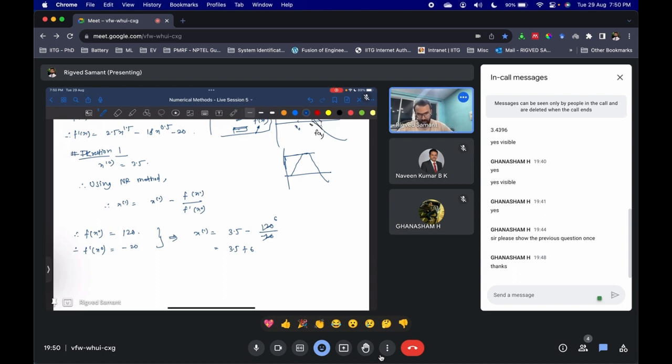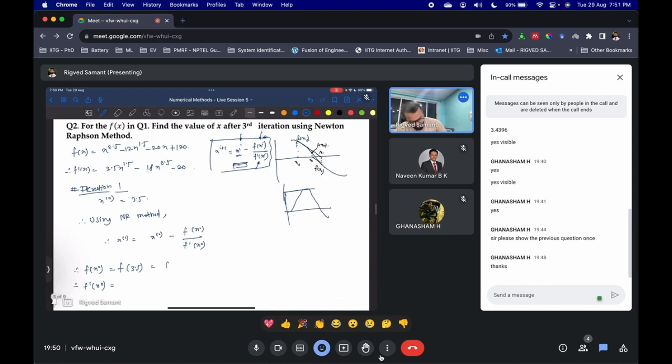Oh, I have considered it as 0, right? It's 3.5, not 0. F of 3.5 is 3.5 raised to 2.5 minus 12 into 3.5 raised to 1.5 minus 20 into 3.5 plus 120.